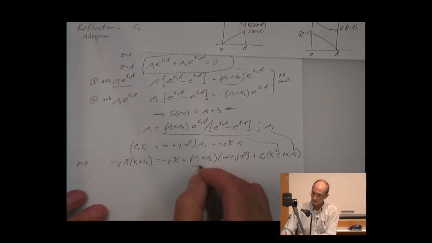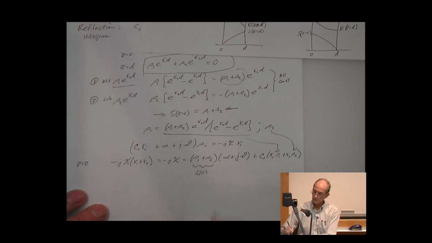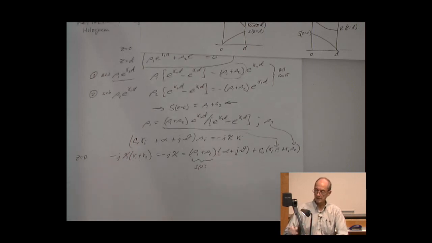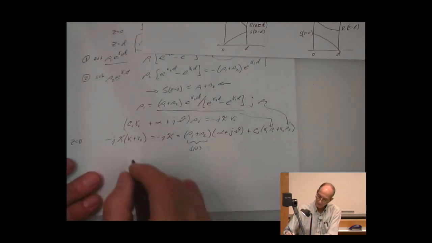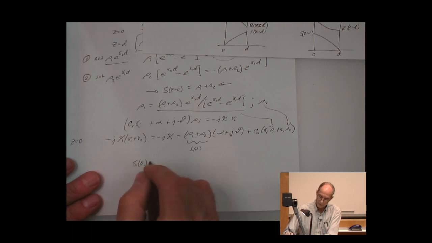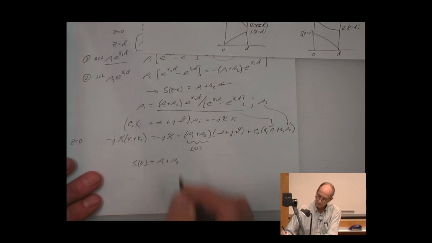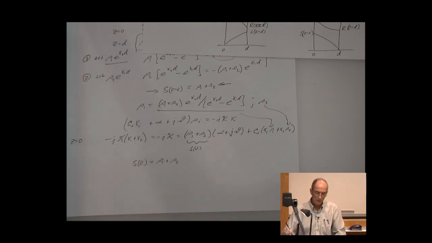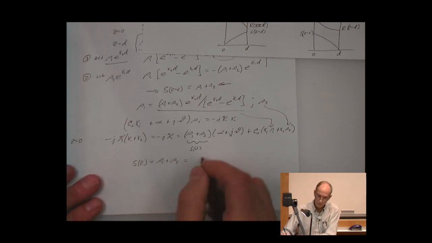Because this is S of 0, and we can then just solve for S, and each of these has that factor in it. And so from that, we end up with, again, S of 0 is just going to be equal to S1 plus S2, and that is going to be equal to minus j kappa, right?